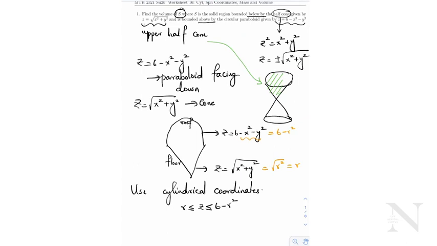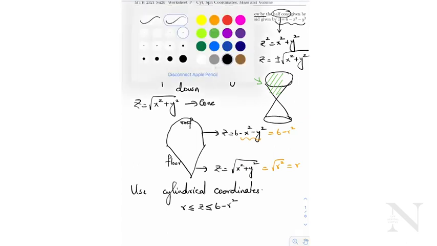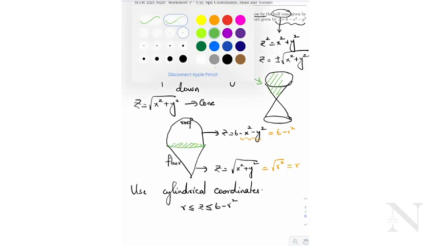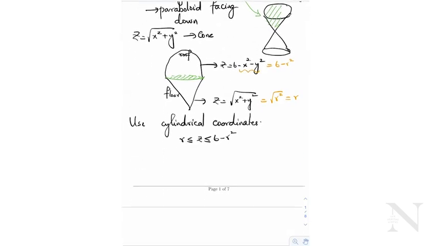How did you get 2? You find the radius where the paraboloid and the half cone intersect. So that is a circular disk here, right? So the intersection, that's right. So let's do that. That's always the way to go. Whenever two solids intersect, you try to find what exactly would be the projection of the intersection on the xy plane.